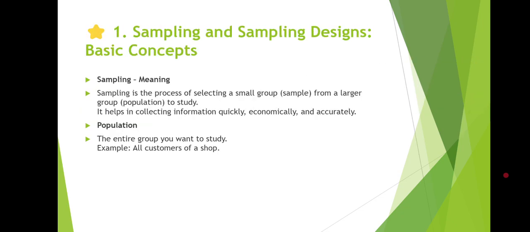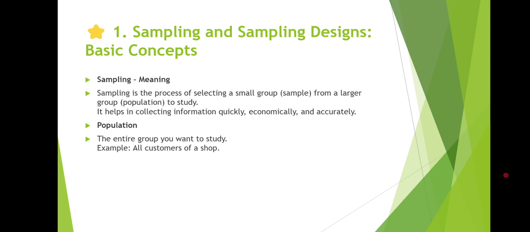So first topic we have sampling and sampling design. So students, today we will learn a very simple but very important concept that is called sampling. So sampling means selecting a small group of people from a large population to study. We do this because it is not possible to study everyone, because it takes too much time, too much money and too much effort.